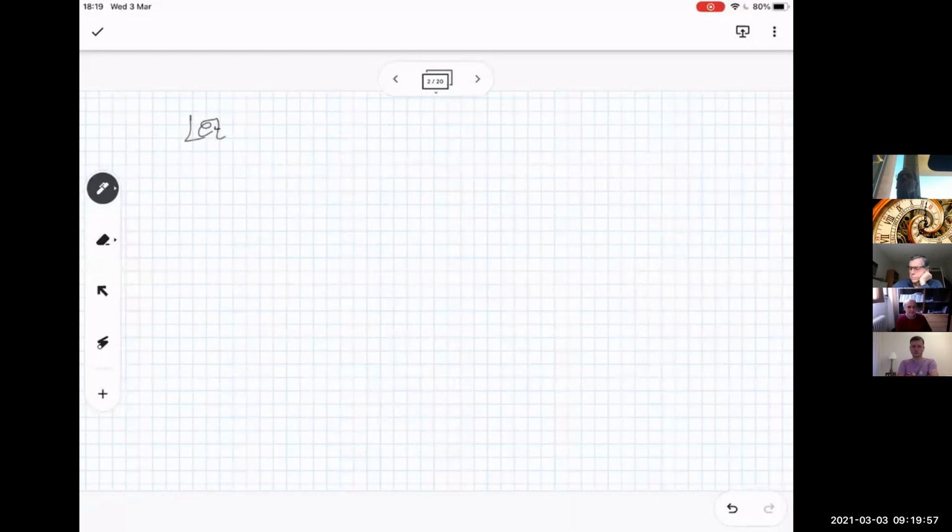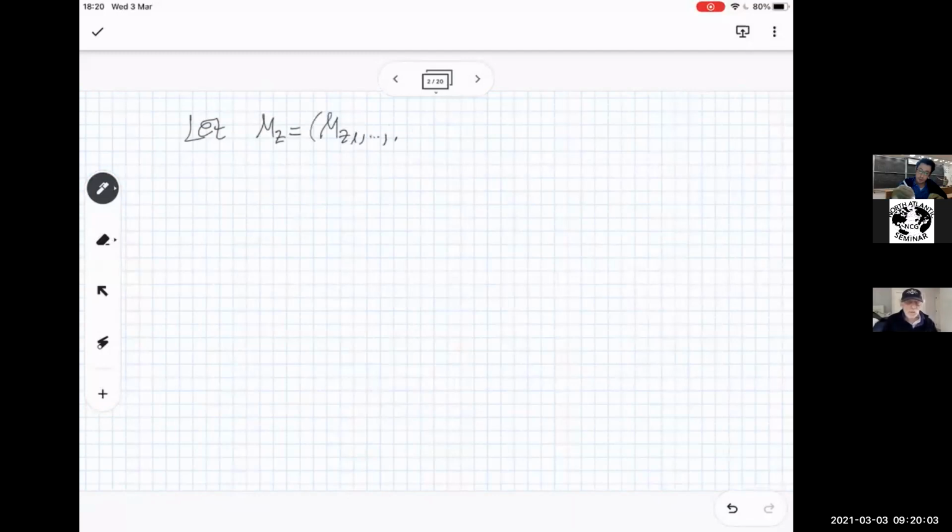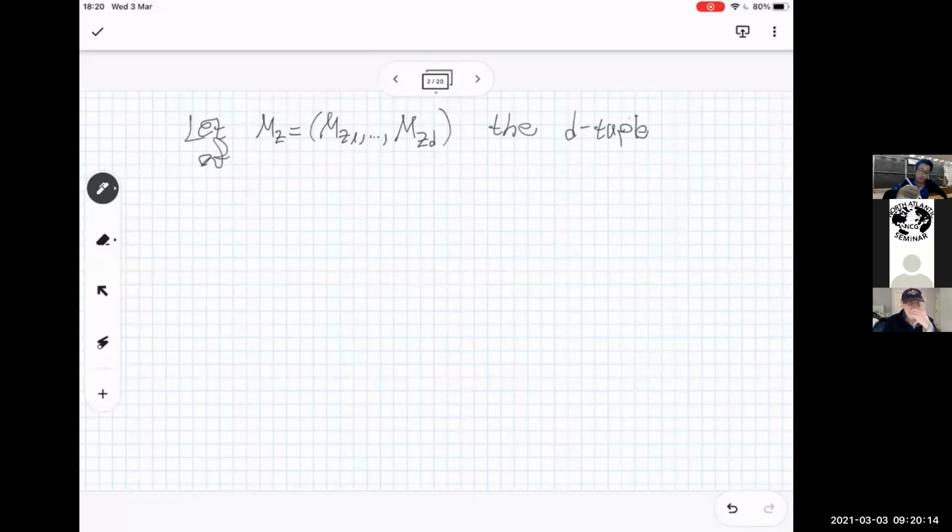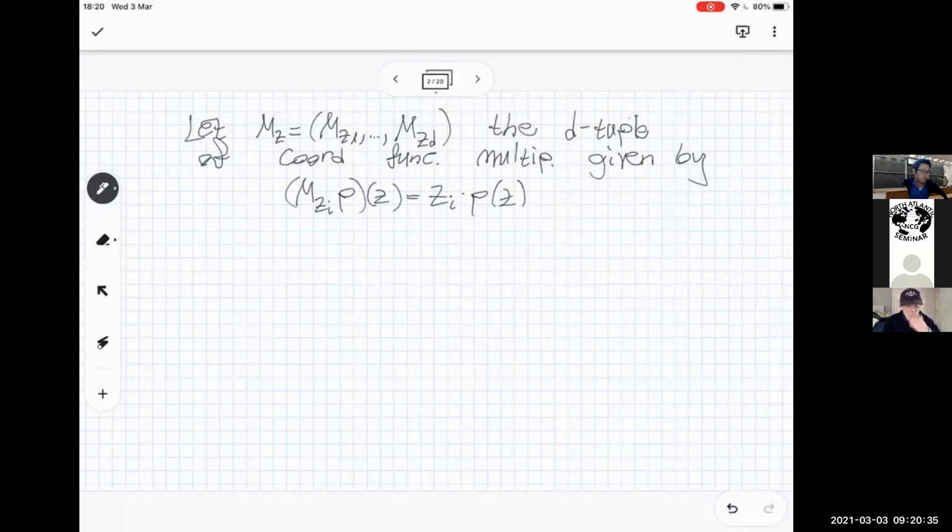So let M_z be M_{z_1} all the way up to M_{z_d}, the d-tuple of coordinate function multiplications, given by M_{z_i} p(z) is just going to be z_i times p(z).